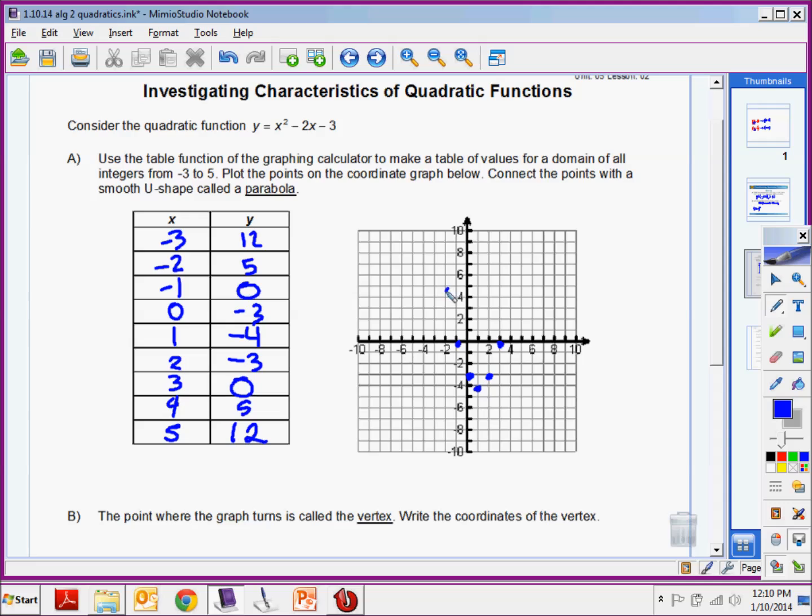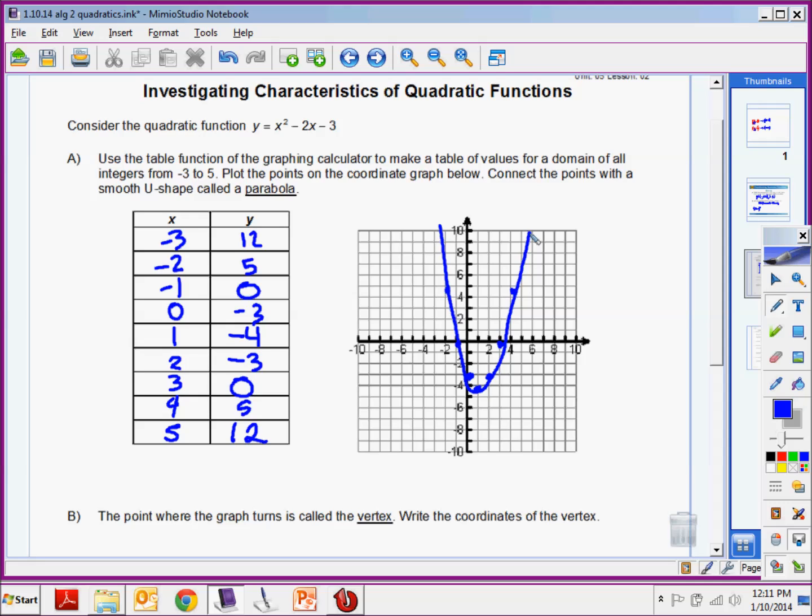And then after 5 are 12s, which are off the page. That's a horrible illustration that I just did. Just pretend that it goes through all points. Okay, I'll redo it. You know what it looks like.